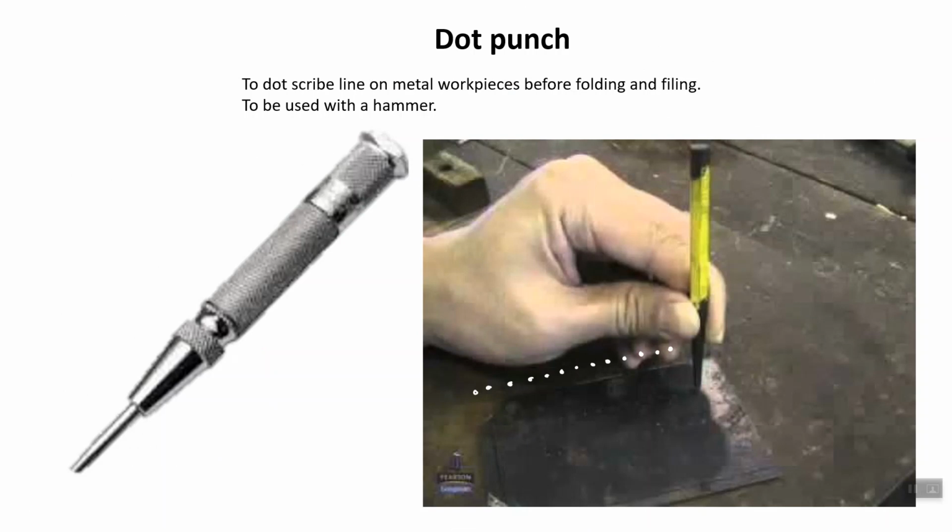As you can see here, there are dots made by the dot punch with a hammer, and then you can fold the sheet more easily. The sheet will fold on the dots. So the dot punch is used to make small indentations onto sheets of metal before shaping.